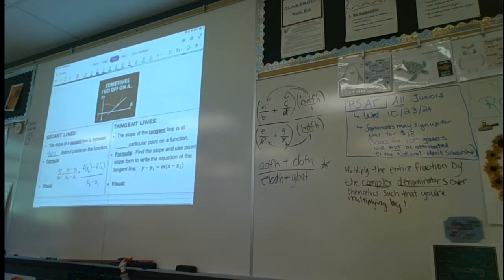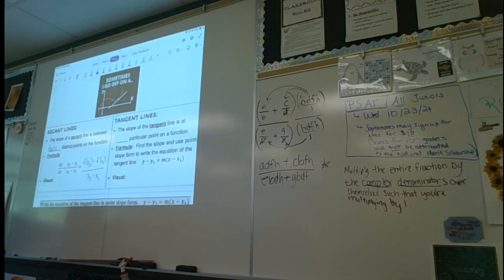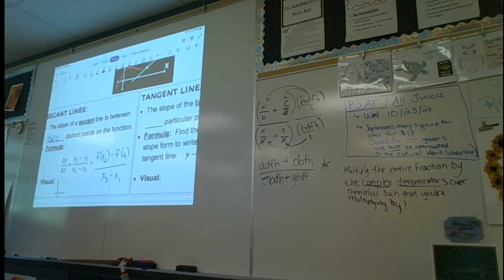We write things a little bit weird in calculus. Now, I do want to draw a nice little visual for you. I'm going to zoom in here. Let's say this is x sub 1 and this is x sub 2, and you have some kind of curve like this.